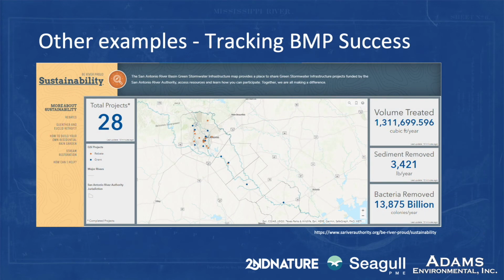This is another image that I wanted to show because I think it provides an interesting example of a couple of ways that GIS can be used to support MS4 programs. This example shows a GIS Web Map that Sarah created to show the BMPs that they have funded through some of their programs and the impact of those devices.